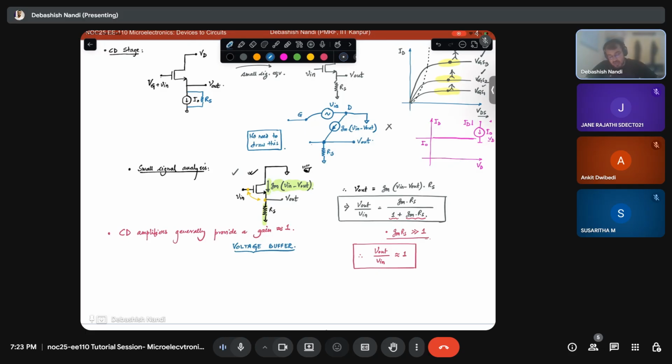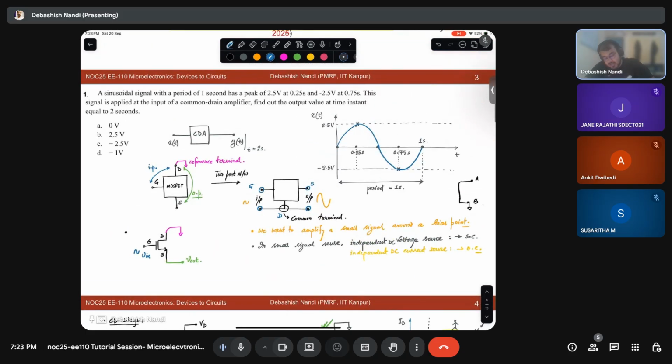Fine. So now if you have a sinusoidal signal, your yt will have a gain of approximately 1. So yt will also follow the same input signal.